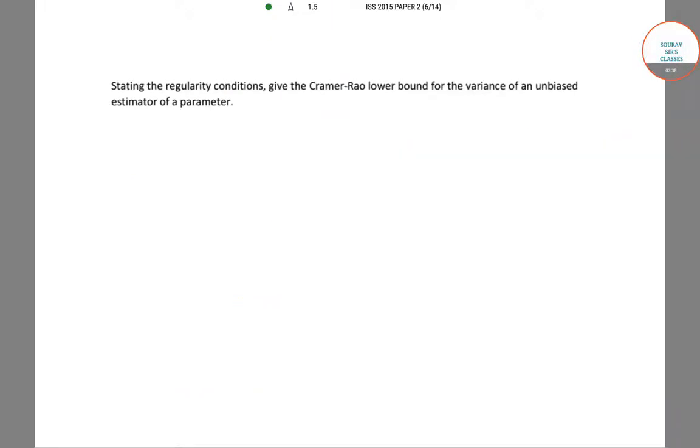Now in the next question we have to state the regularity conditions and then give the Cramer-Rao lower bound for the variance of an unbiased estimator of a parameter. Now here we make two regularity assumptions on p(x, theta).